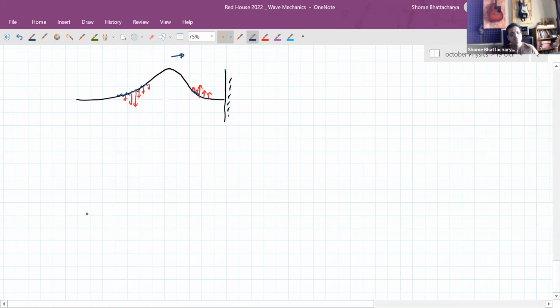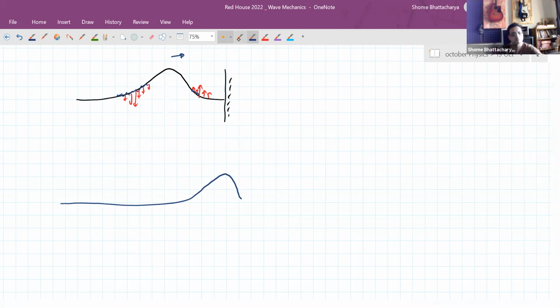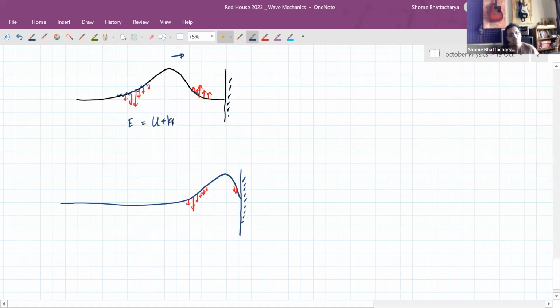But now next what is happening is that the shape of the string is changing in such a way that it's not symmetric anymore. So in comparison, this has got a total energy which is a combination of potential plus kinetic energy.